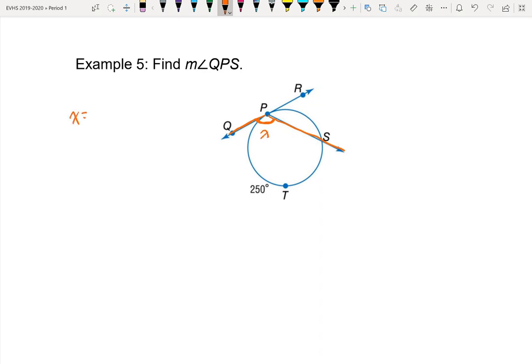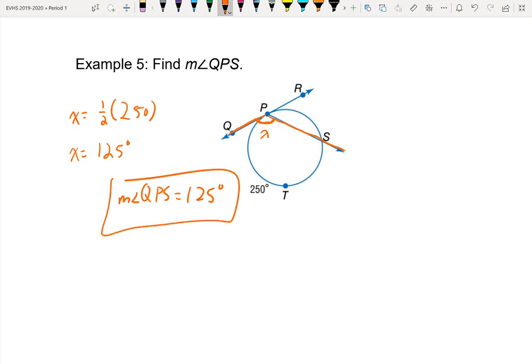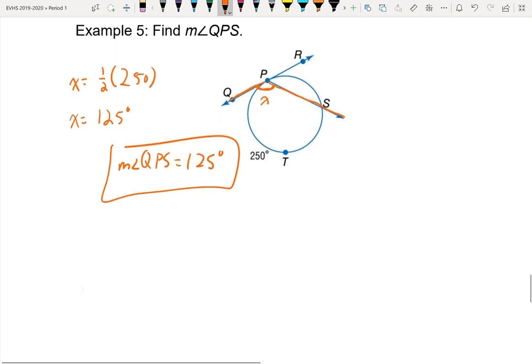X is equal to 1/2 times 250. Well, x equals 1/2 times 250 is just 125 degrees. So to write it properly, measure of angle QPS is equal to 125 degrees. There we go. Once again, simple enough.